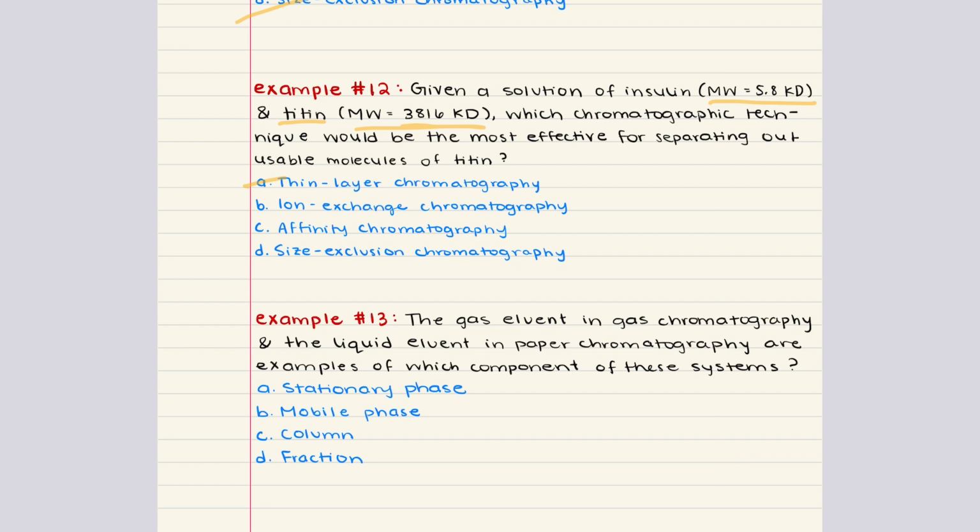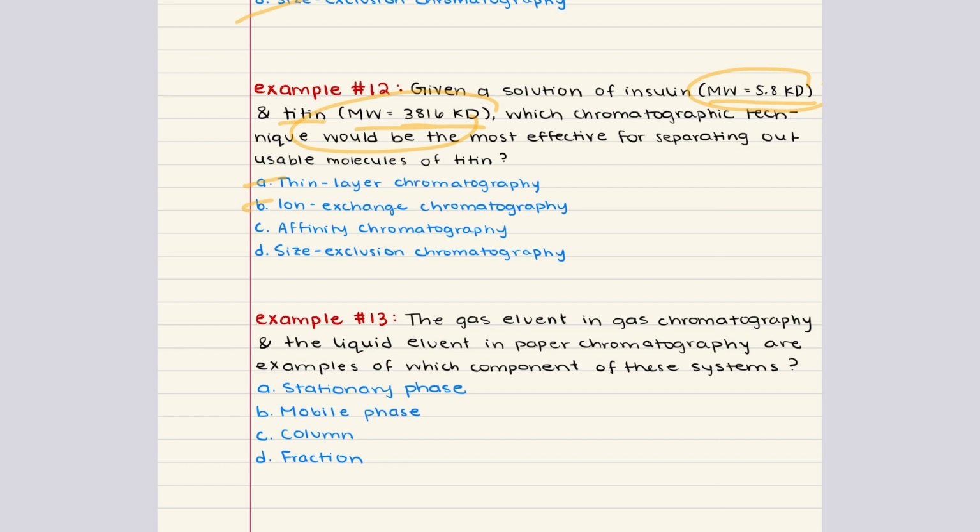B says ion exchange chromatography. This separates proteins based on charge. And while it's useful in many cases, that's not ideal here because we don't know if the charge difference between insulin and titin is extreme or consistent. And it also doesn't leverage the huge difference in size, which is our biggest advantage in this scenario.